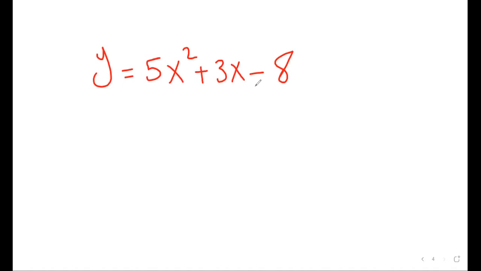And dy by dx is the gradient. The gradient at x equals 0 is the local point or the minimum point or the stationary point.